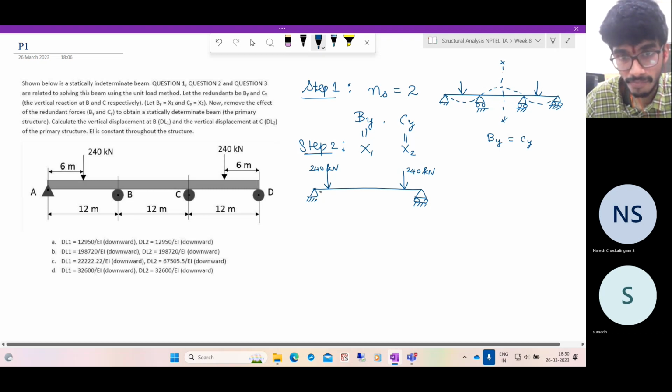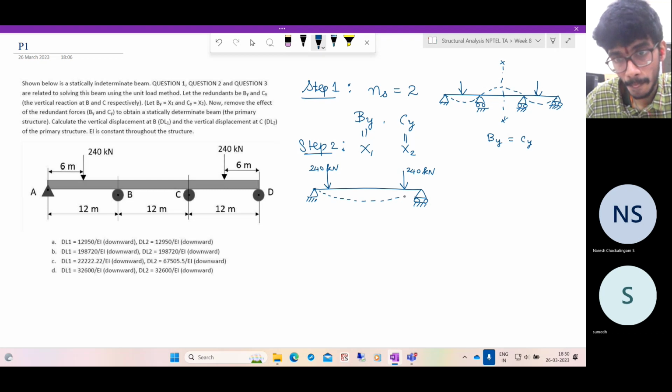How does it deform? It deforms like this. Now, what is the displacement at this point due to the applied loading? This is nothing but d1L. This is d2L. That's it.